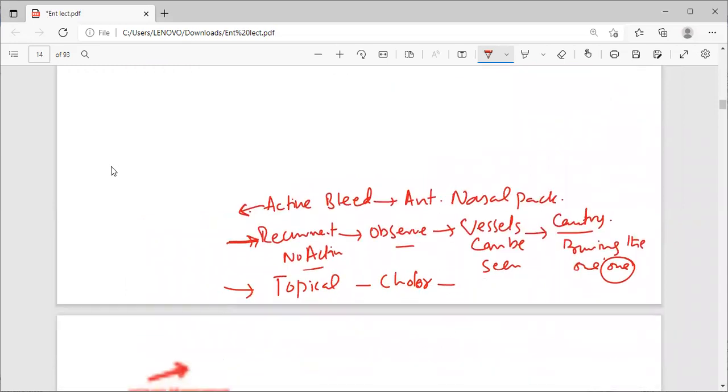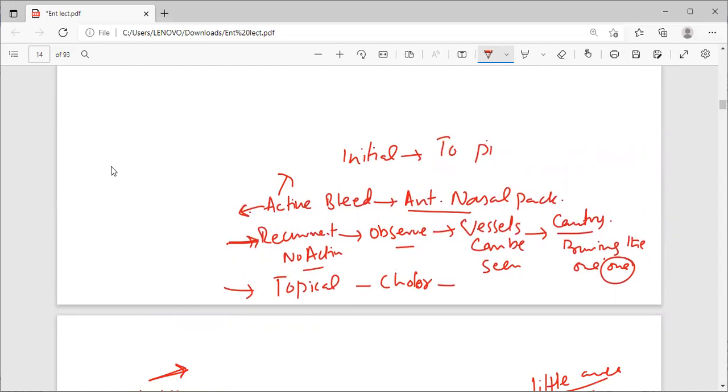What will you do in active bleeding? In active bleeding, you will do nasal packing. And if they ask you what the initial step is, the initial step would be to pinch the nose for some minutes, like 10 to 15 minutes. Which portion do you pinch? Little's area, in the anterior inferior part.